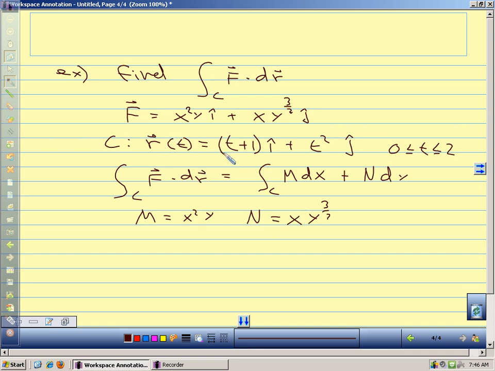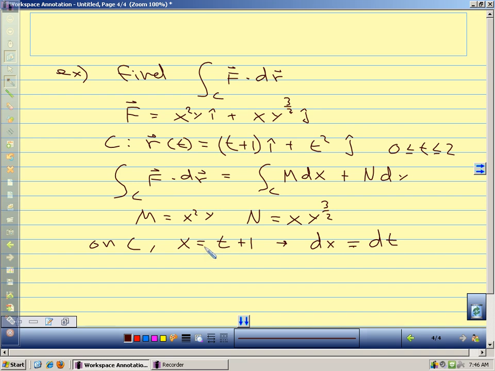And on our curve, x equals t plus 1, so dx equals dt.